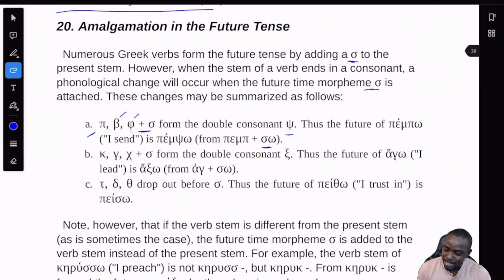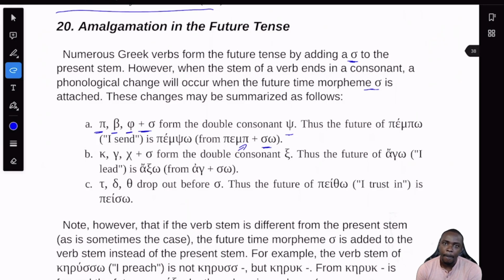So just because the stem, remember, stem is the lexical form, ends with pi, whenever a pi, a beta, or a phi encounters a sigma. Remember, if you're going to make the future tense, you have to add the future time morpheme, which is the sigma, to the stem.